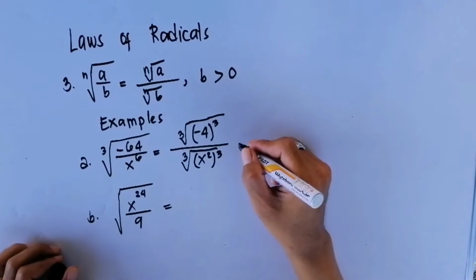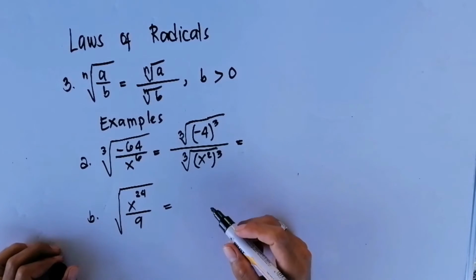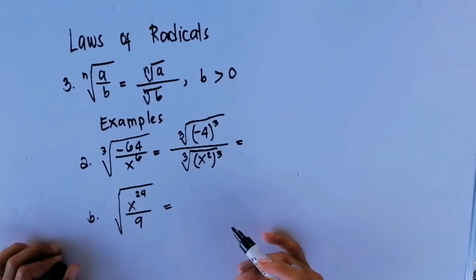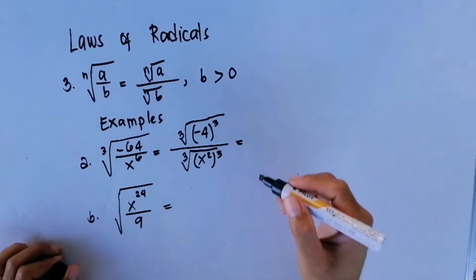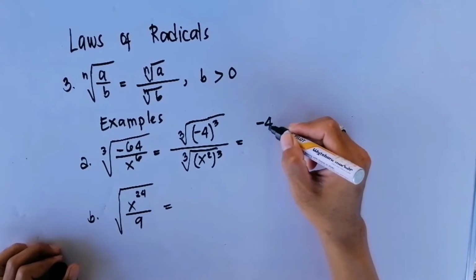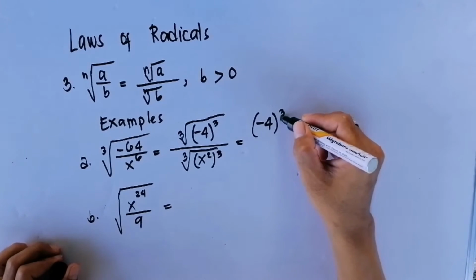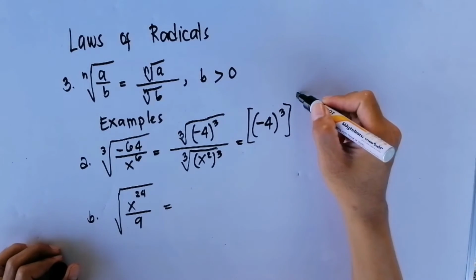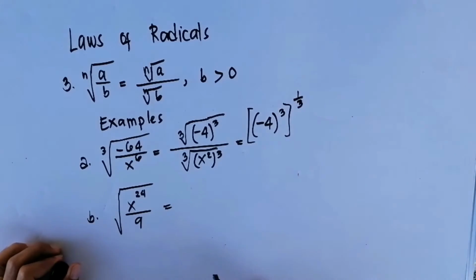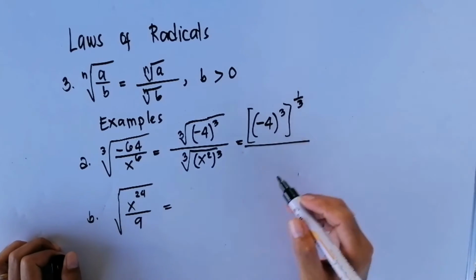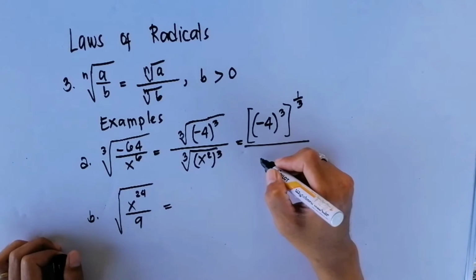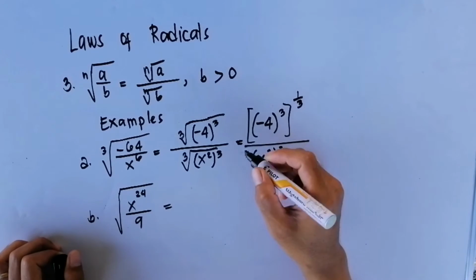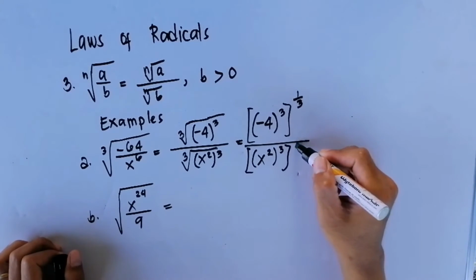Okay, simplify. So the cube root of negative 4 raised to 3. From radical to exponential, that is negative 4 raised to 3 and raised to 1/3, over x squared raised to 3 and raised to 1/3.